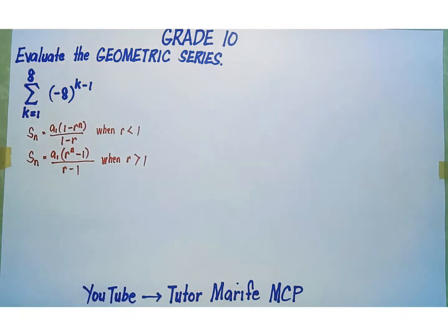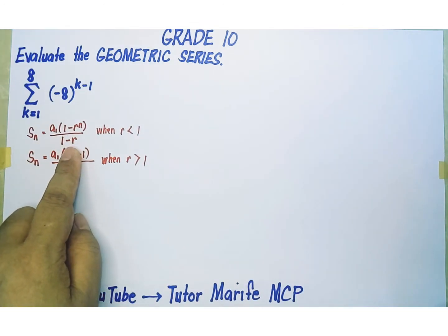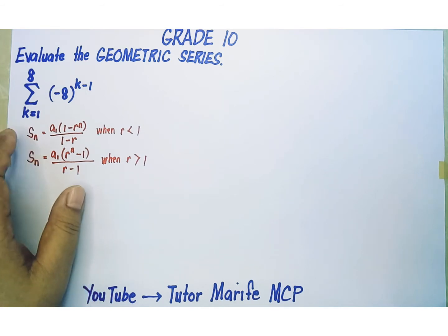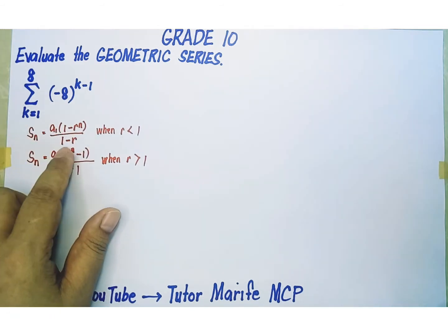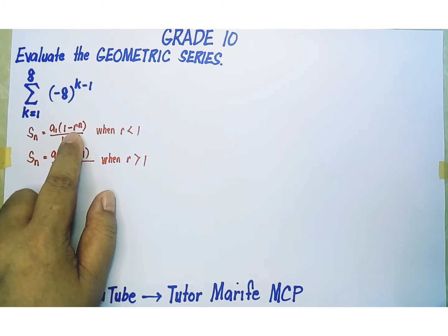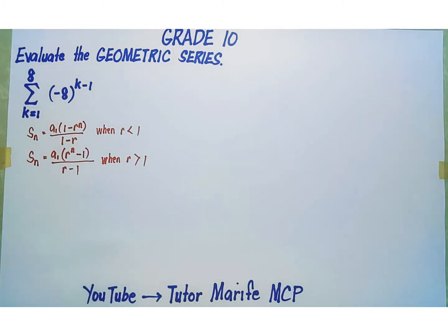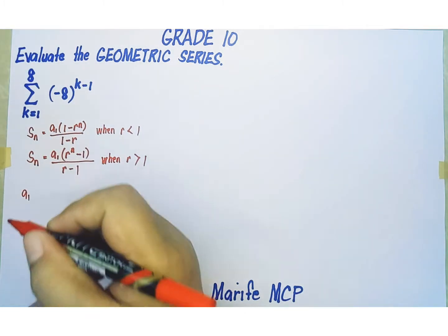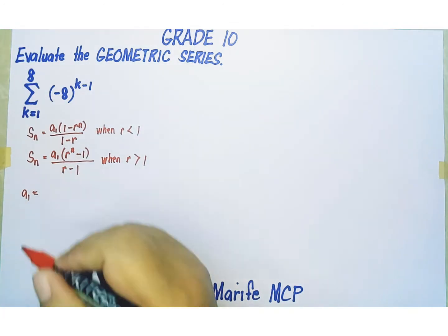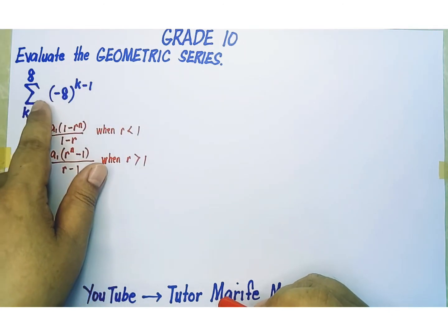Okay? So, let's start by determining the 3 information that we need to know in order to use this formula and solve for the sum. So, we need to know the a sub 1 or the first term, the common ratio or the r, and the number of terms that we're going to add. So, let's start from a sub 1. Our a sub 1 is actually the numerical coefficient of this exponential expression.